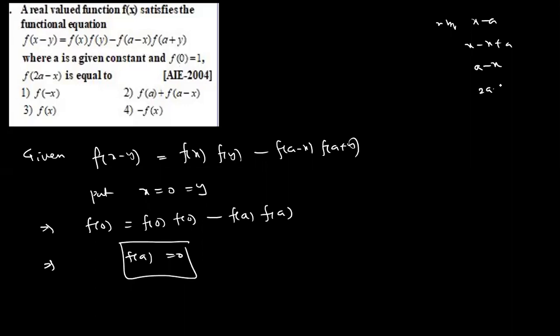We need 2a minus x. What to do here? Replace y by a, x is equal to 0.